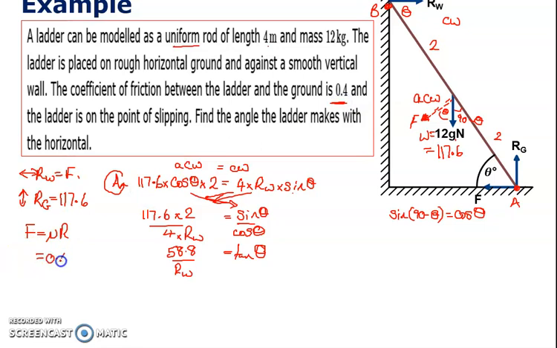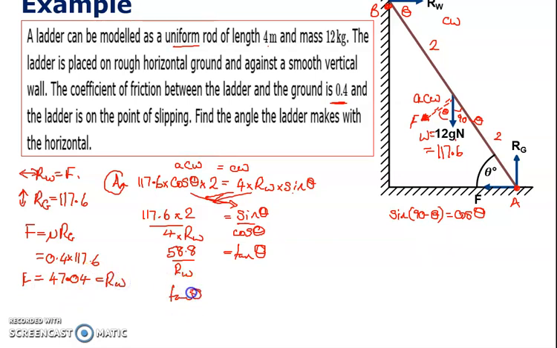So that's 0.4 times the R, and in this case it means RG, because that is acting at the ground. And this will tell me effectively what friction is, and because I know friction and RW are the same, it tells me that. So 0.4 times 117.6, and I get 47.04. So not only is friction equal to that, but it's also equal to RW.